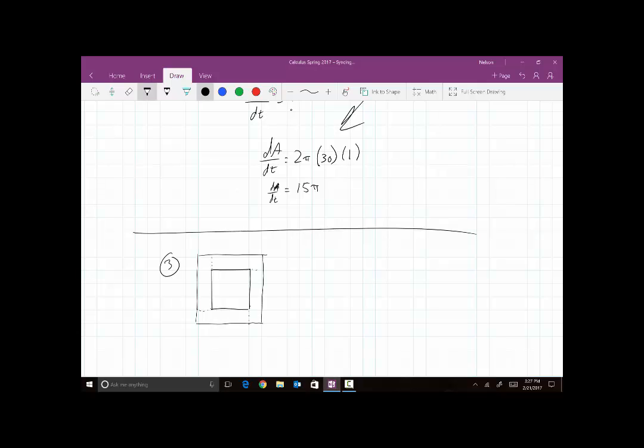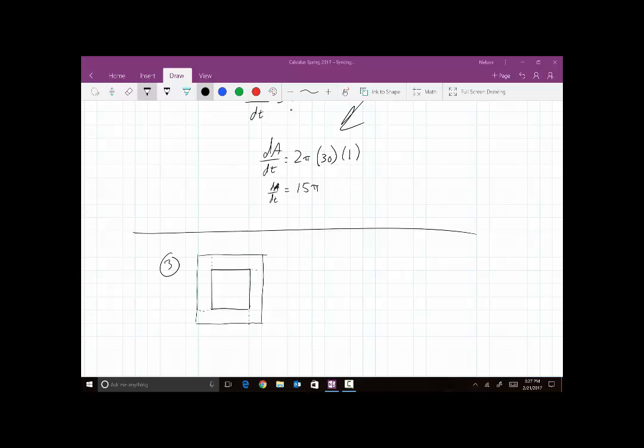Each side of the square is increasing at a rate of 6 centimeters per second.